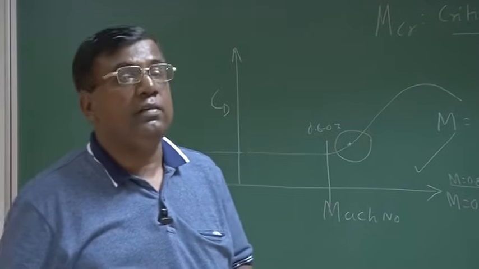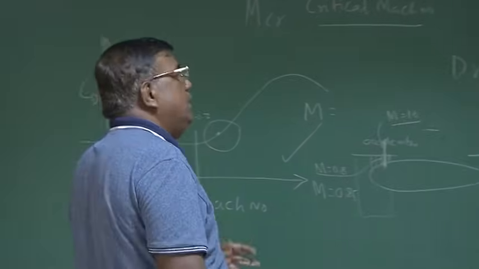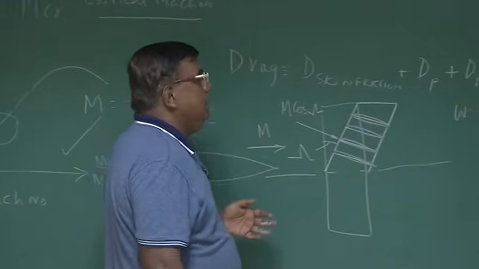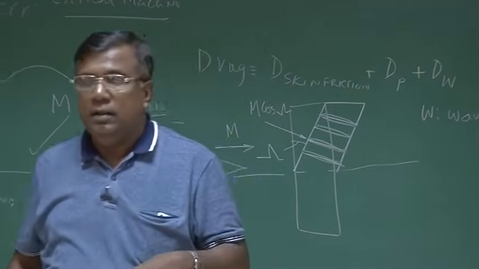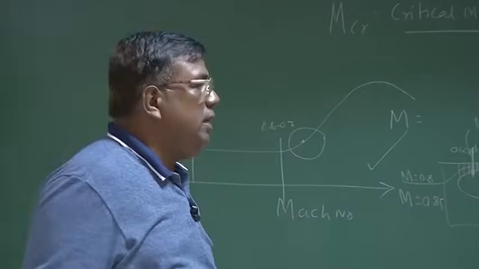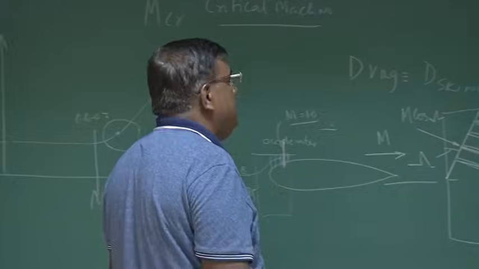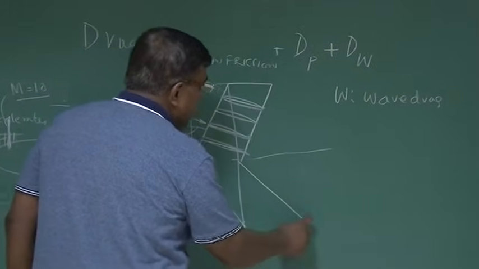Okay? So that is the penalty you pay. However, through analysis you could see the total drag reduction is relatively more compared to the loss in the lift. But there is an optimal angle you have to operate at, or the design should take care of all such issues in detail.